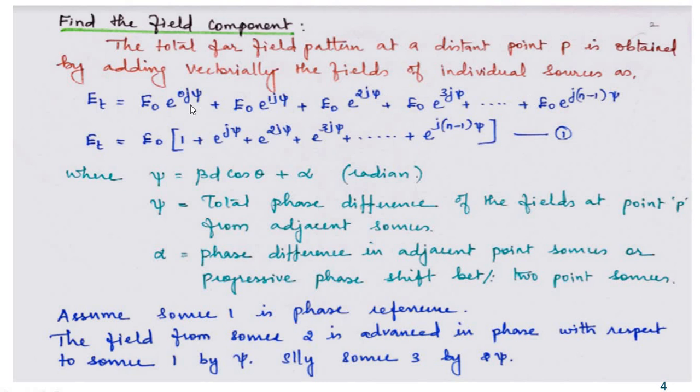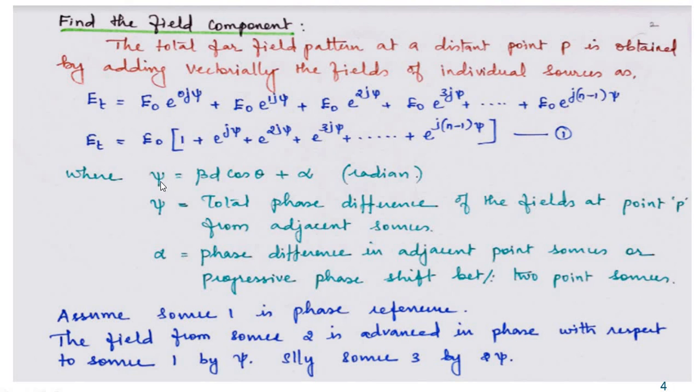For all the elements I have given an equal amount of power, that is E naught, an equal amount of field is transmitted, because this is a uniform array we are dealing with. Taking the common factor E naught, and e power 0 is 1, we get equation number 1.